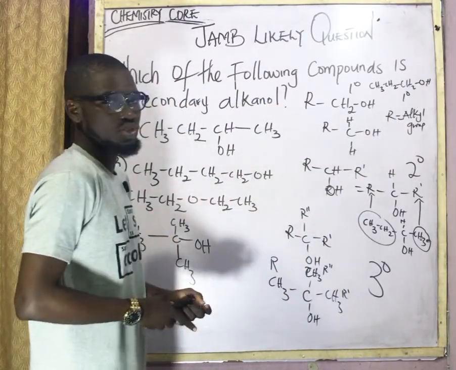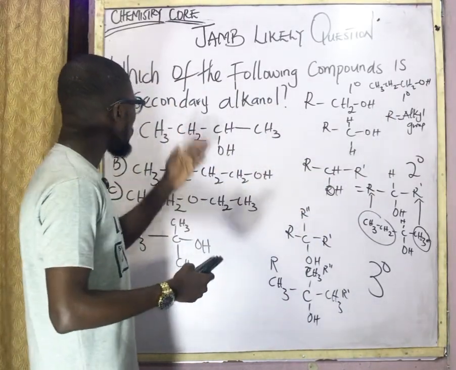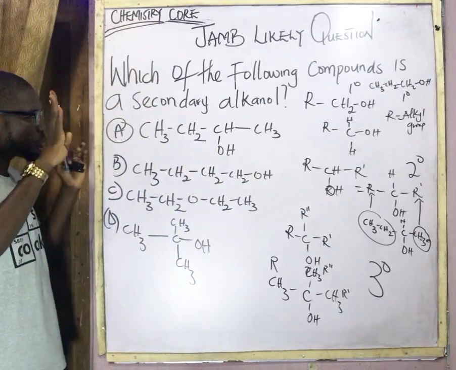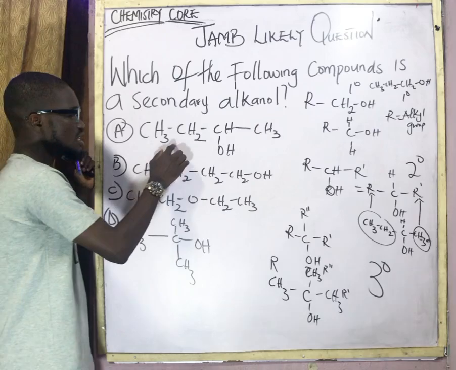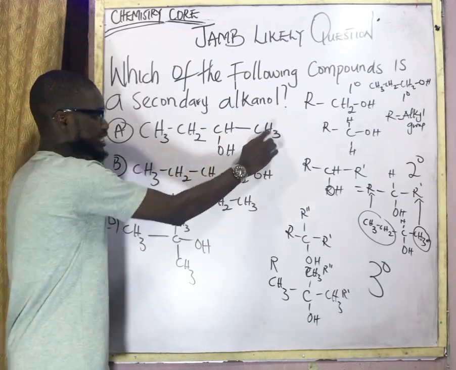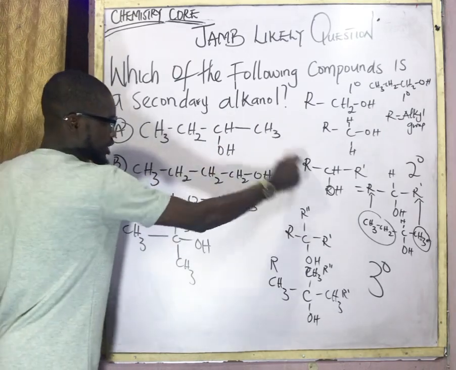With that illustration, let's go back to what we have for the four options. Option A, let's take a look. We have CH3, CH2, CH, CH3. Go back to this.